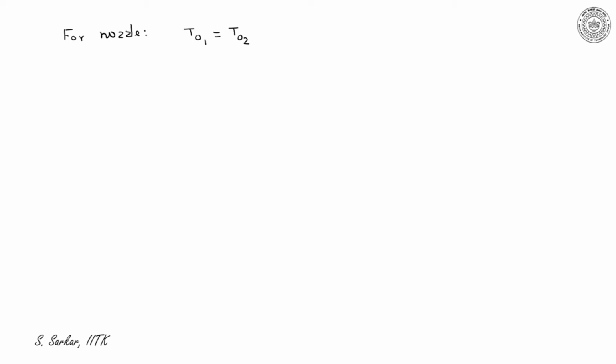Thus, T2, I can write T02 into P2 divided by P02 to the power gamma minus 1 by gamma. Now T02 equal to T01, so put the values.